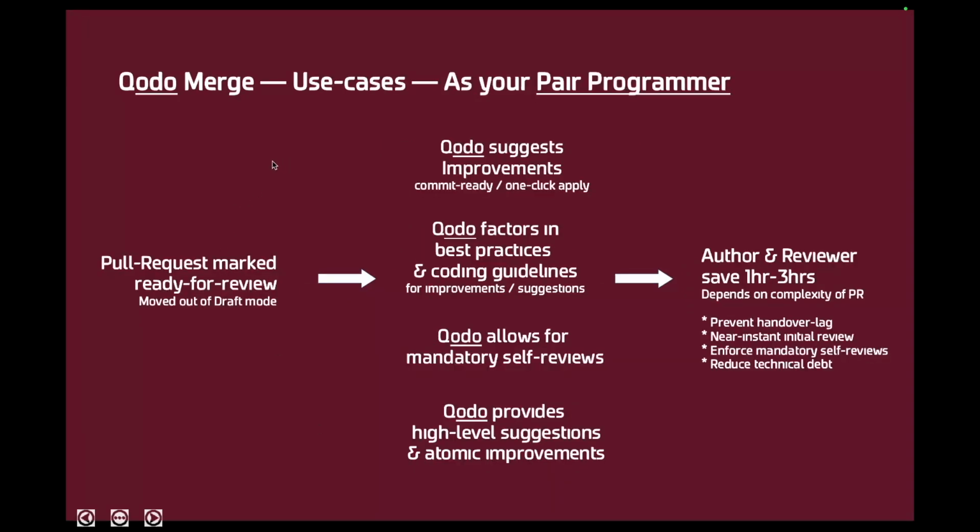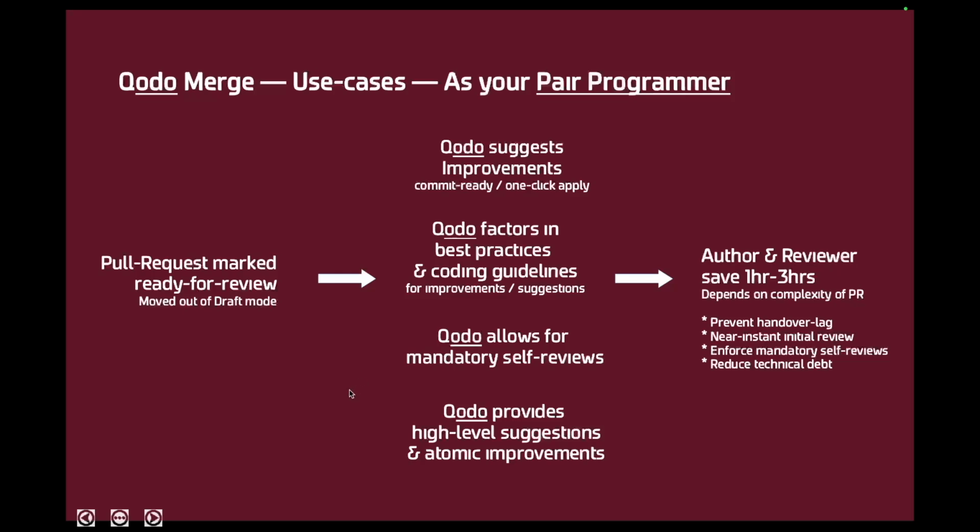And as your pair programmer, when the pull request is marked ready for review or a new commit is getting pushed, what Qodo will do is the following. It will suggest improvements which are commit ready, so you can just have a one-click button press to apply these fixes. Qodo factors in the best practices and coding guidelines for your team or organization while giving you these suggestions or improvements. Qodo allows for mandatory self-reviews, so you can upscale the team process by making sure that the author has to self-review the PR.